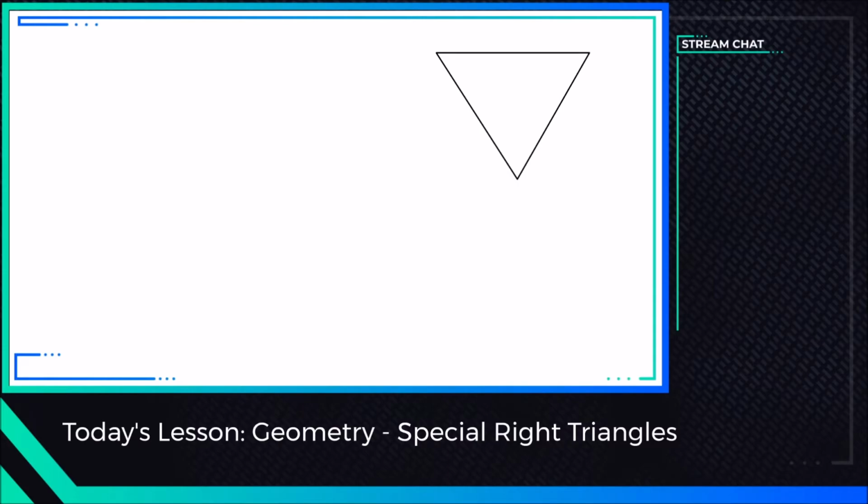And this is going to be a yield sign. So if you're driving down the road, I'm sure that plenty of you have seen yield signs before, and yield signs are, in fact, an equilateral triangle. So this road sign is shaped like an equilateral triangle.